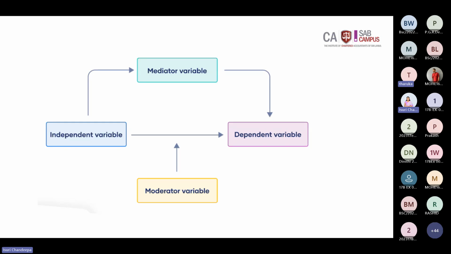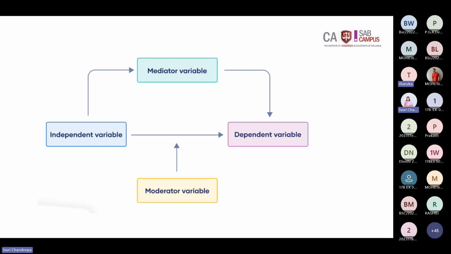There are a lot of unidentified factors in the research model. We are not going to test those things. We only took working capital management. So what is the control variable's role? It's controlling the unidentified factors, the impact of unidentified variables on the dependent variable.